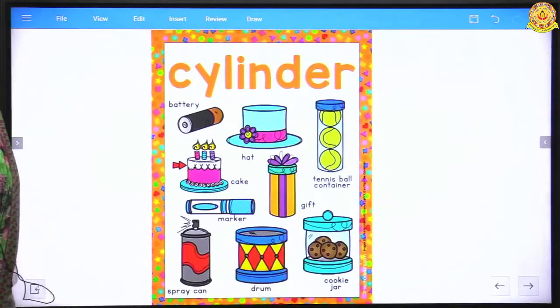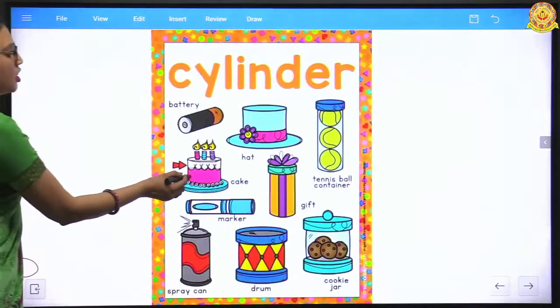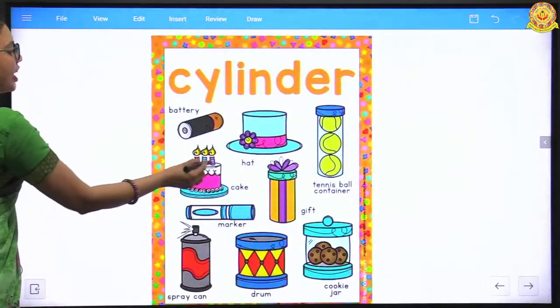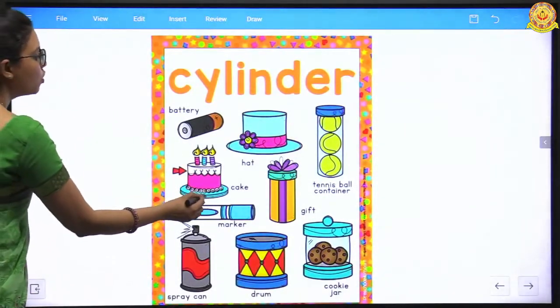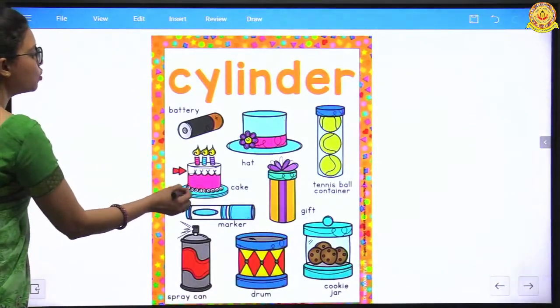Whenever you are celebrating your birthday, don't focus on your hat, focus on your cake also. This cake is in a cylinder shape. It has two parallel circles and two edges.